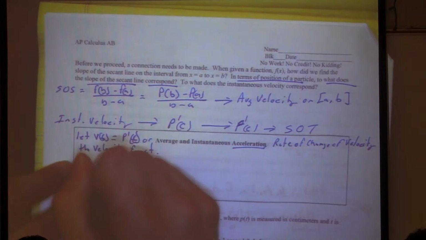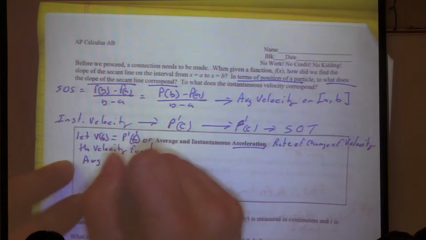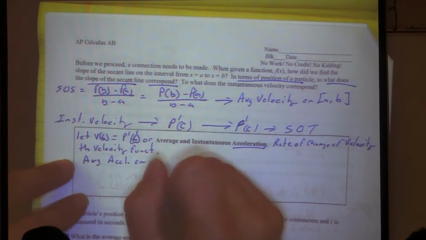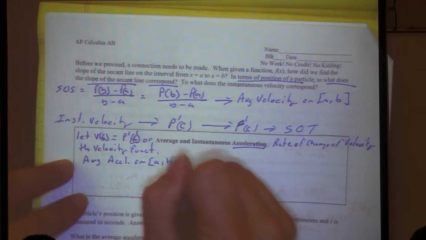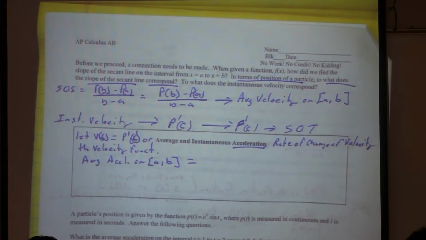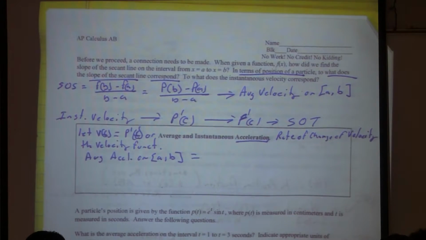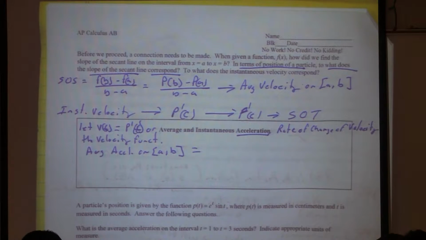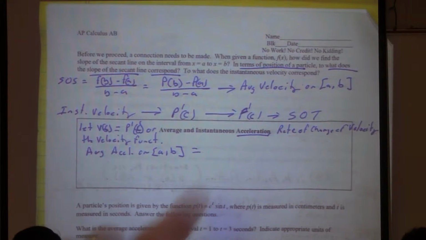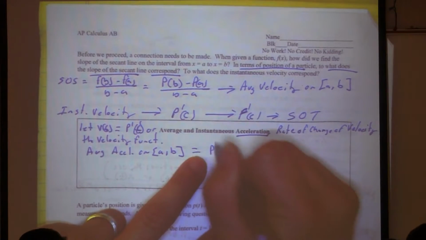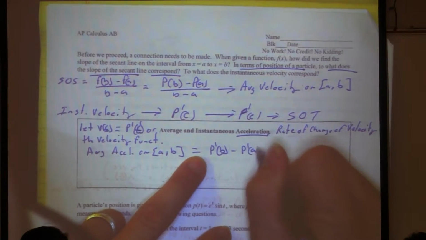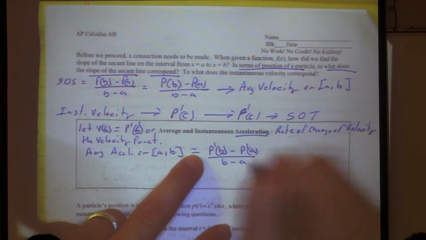If I want average acceleration on the closed interval a to b, how would I find that? So you said p prime of b minus p prime of a over b minus a?